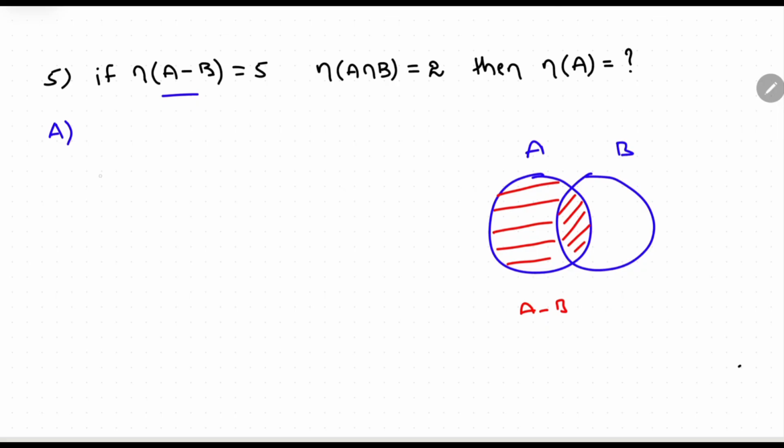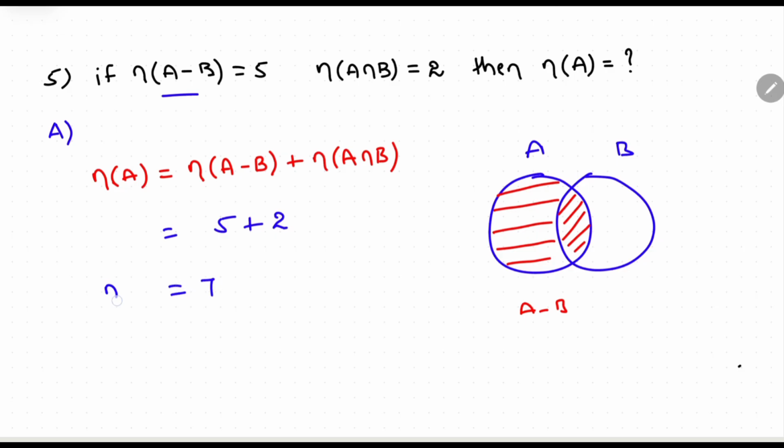Therefore number of elements of A equals n of A minus B plus n of A intersection B. Okay. Therefore what is the given value here? N of A minus B is 5 plus what is the n of A intersection B? That is 2. So number of elements of A will be 7. Okay.